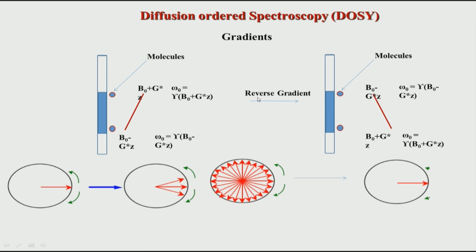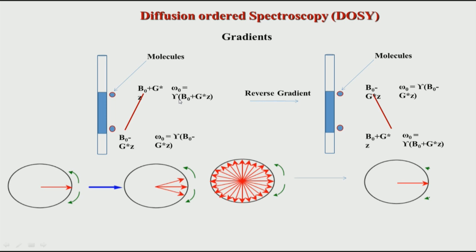So, now you can see here, if I apply a reverse gradient, it is the other way around. Here it was B0 plus Gz, now the top part of the sample becomes B0 minus Gz and the bottom part has plus Gz. So, you see now the precessional frequency has completely reversed.